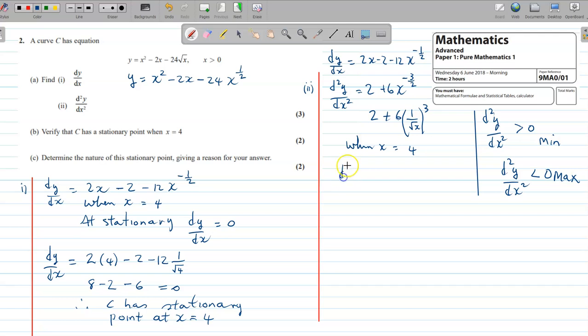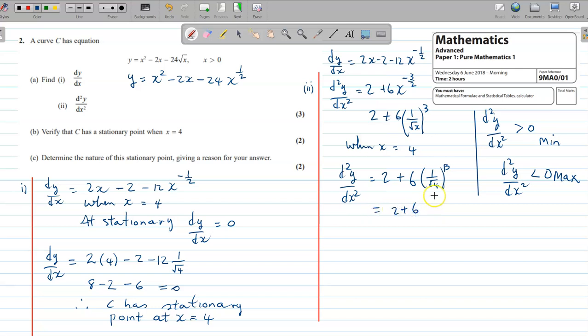So second derivative then, when x equals 4, we would have 2 plus 6 times 1 over the root of 4 cubed. So that would give us 2 plus 6.